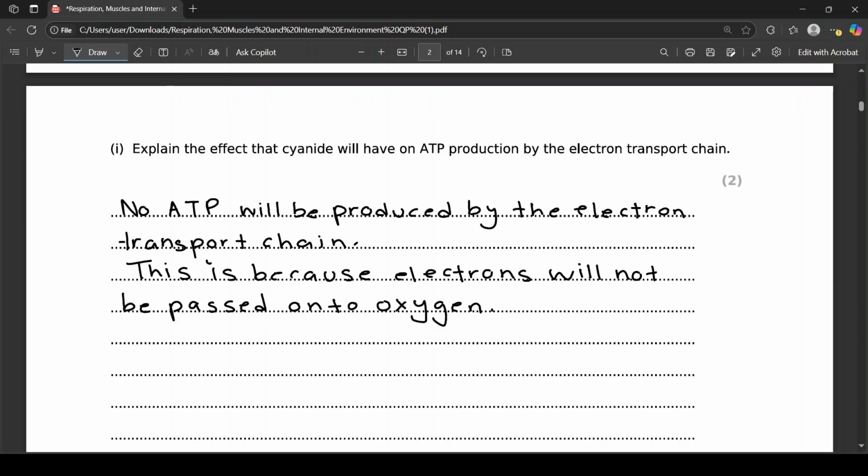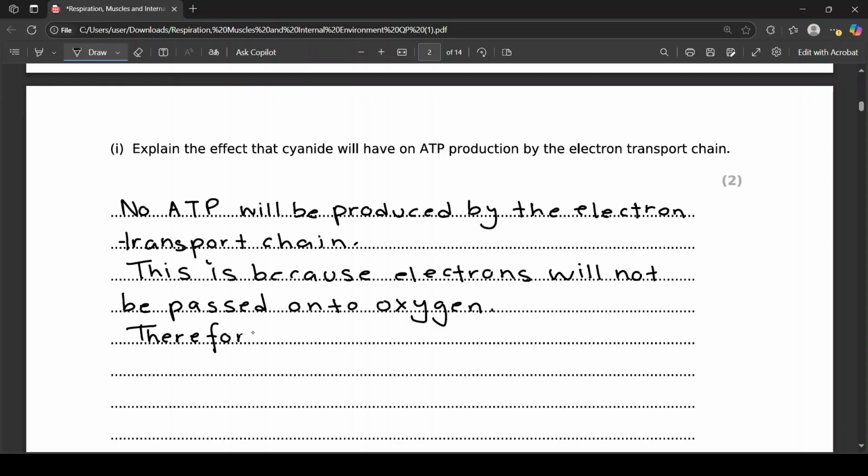But since the complex before the oxygen is now inhibited, the rest of the electron transport chain is also inhibited, and the electron transport chain will not be completed. As a result, the electrons will not be passed on to oxygen, and so there will be no ATP produced. Are we clear?